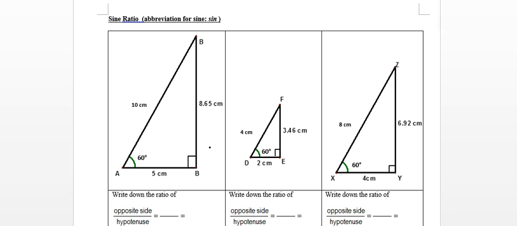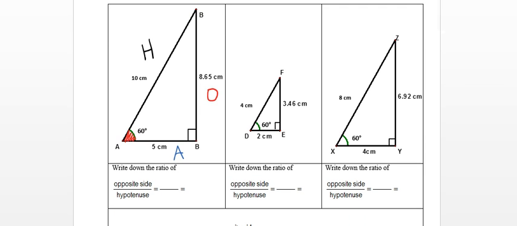This is the 90-degree angle, so this is the hypotenuse. With respect to the angle 60, this is the opposite, and this side here, AB, is the adjacent. In the sine ratio, we are going to look at the side opposite over the hypotenuse.